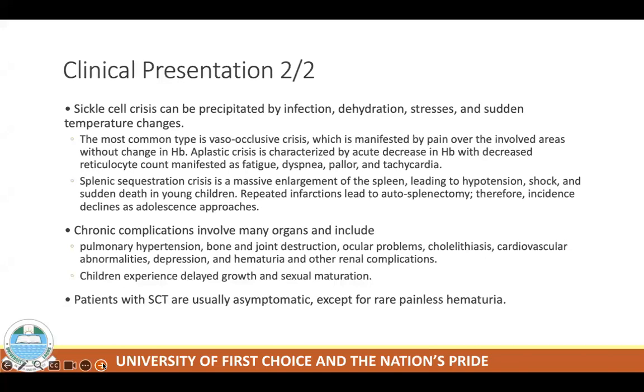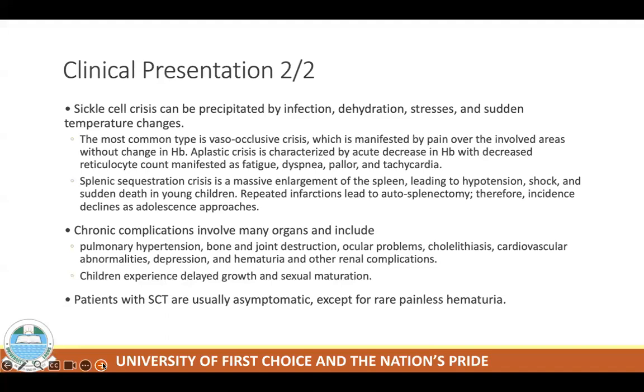The most common type is a vaso-occlusive crisis, which is manifested by pain over the involved area without change in plasma hemoglobin levels, right? Aplastic crisis is characterized by acute decrease in hemoglobin with decreased reticulocyte count, manifested as fatigue, dyspnea, change in skin color, and fast-paced heartbeat. Okay.